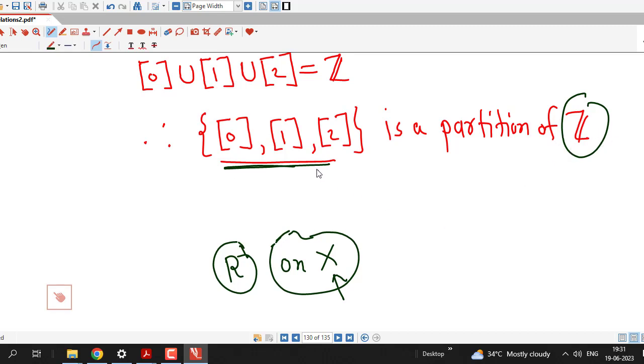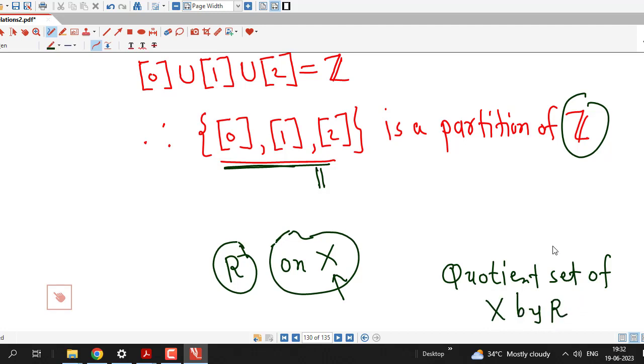And this collection of equivalence classes is also known as the quotient set of the given set X by the relation R, and it is denoted by this notation X quotient R. So here we have the quotient of Z by the congruence relation, or we can write in this way also. We are considering congruence modulo 3.